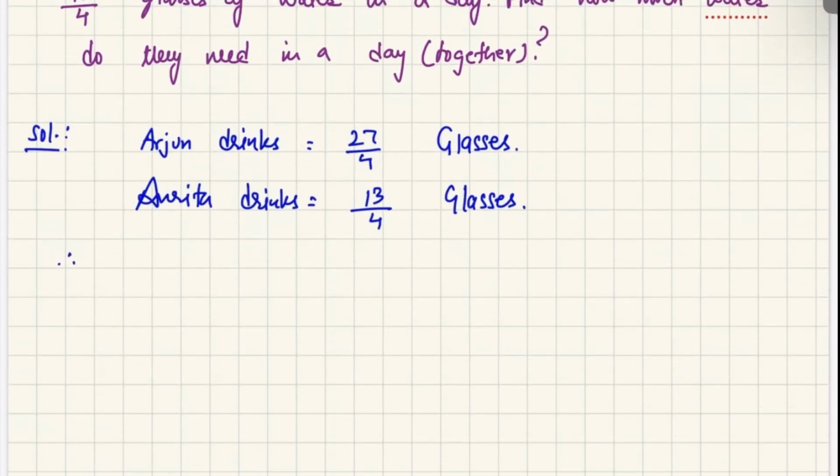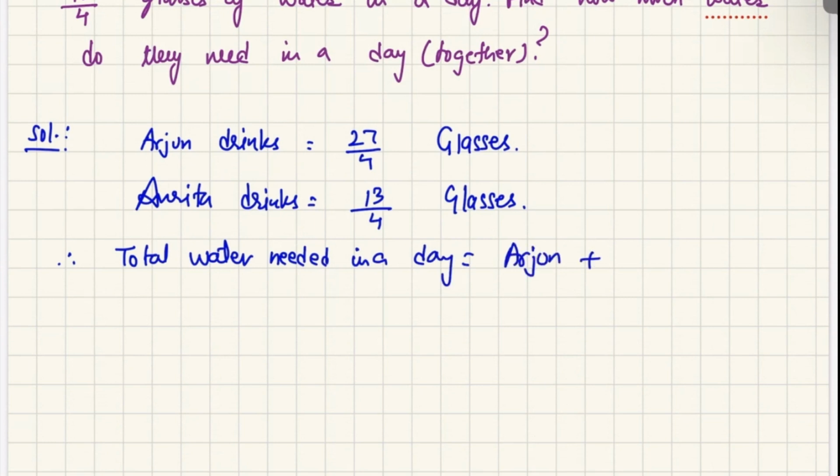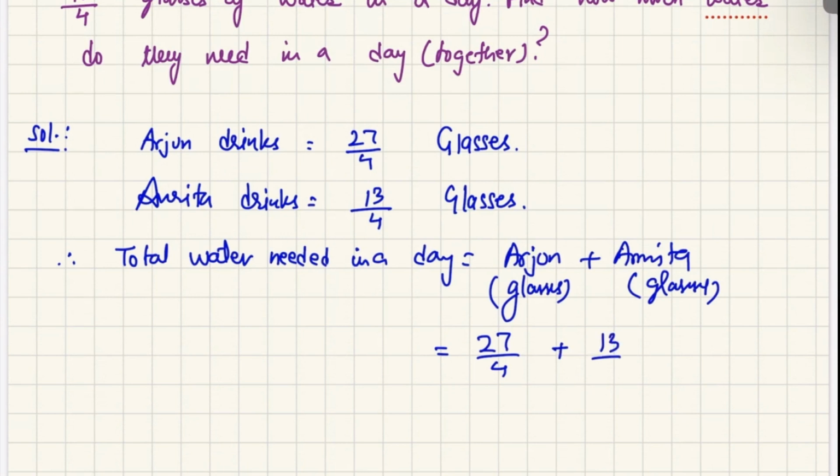Therefore, total water needed in a day must be equal to Arjun plus Amrita, right? Glasses for both Arjun and Amrita. So Arjun needs 27/4 glasses, Amrita needs 13/4.